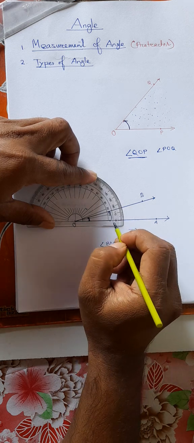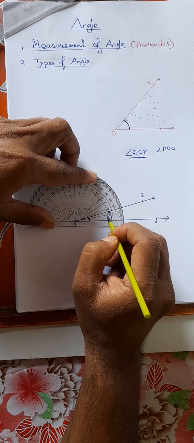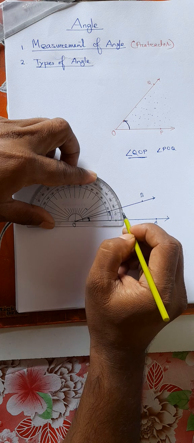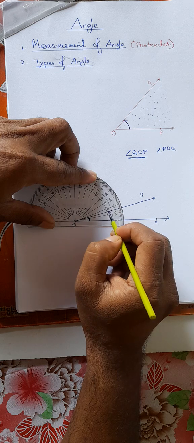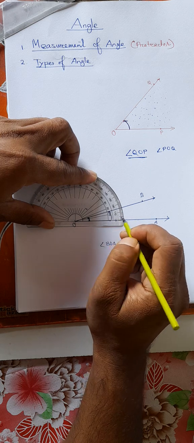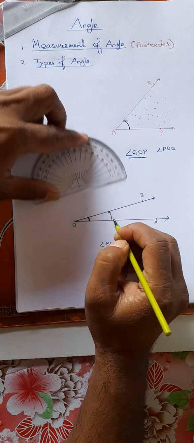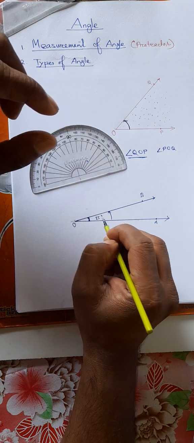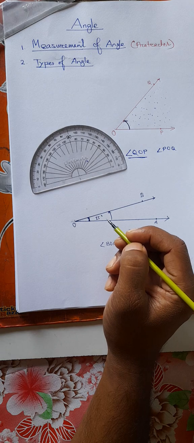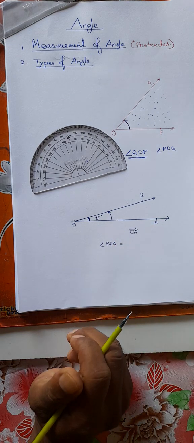You see from 0 to 10 it is 10 degree. So you count another 5 small divisions here, 1 2 3 4 5. So 10 plus 5, 15 degree. So this angle is 15 degree. Angle is measured in degree, just like a line segment is measured in centimeter.